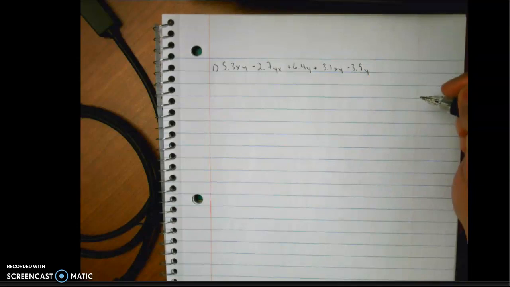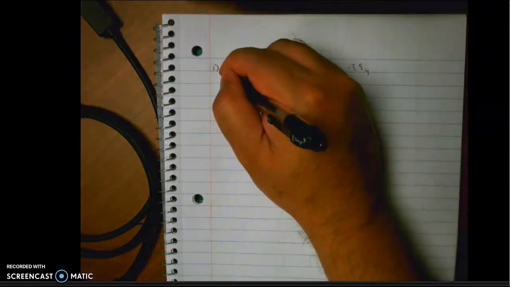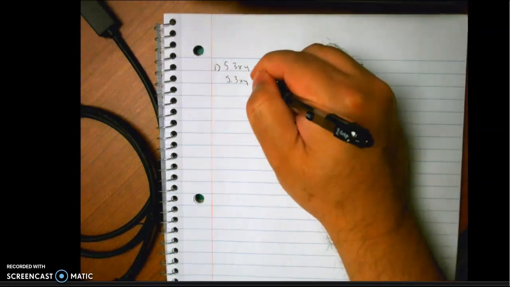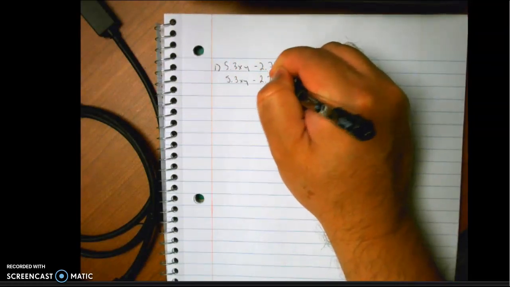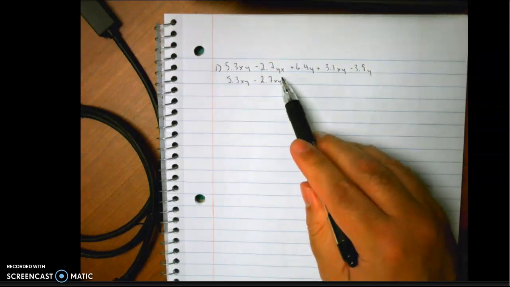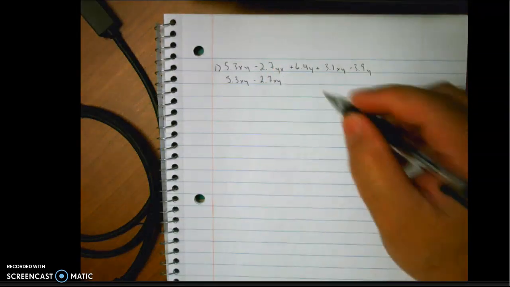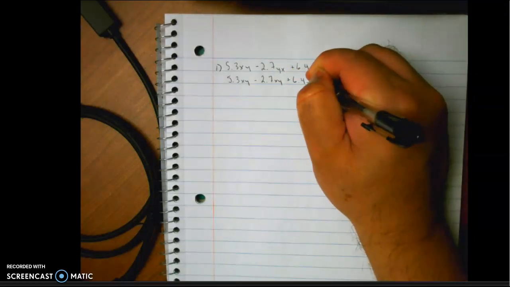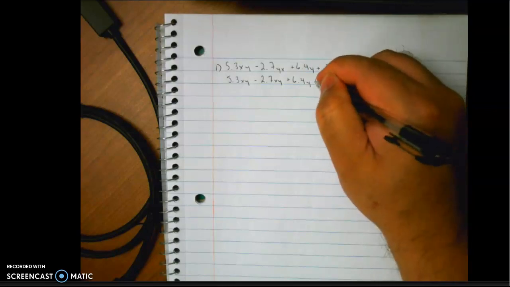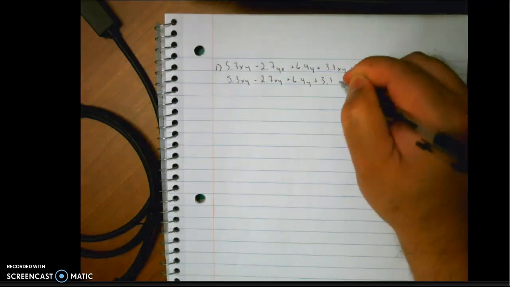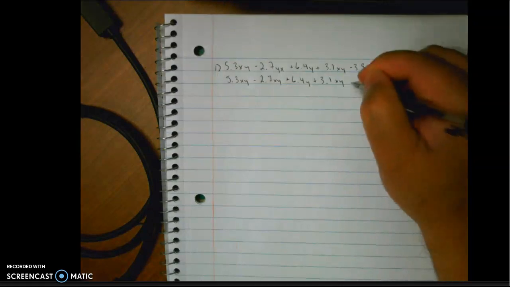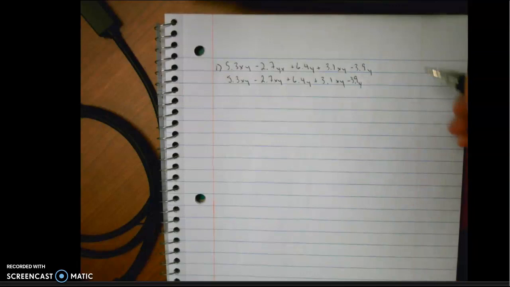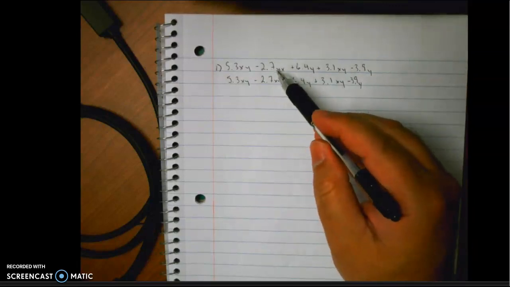So the first thing I'm going to do is rewrite this to make sure all my terms match up. 5.3xy minus 2.7, also xy, because I'm just changing those around, plus 6.4y plus 3.1xy and minus 3.9y. So the only one that I really needed to change was this one here.